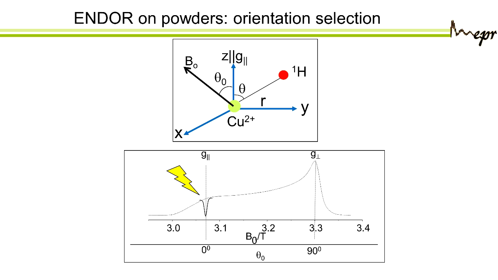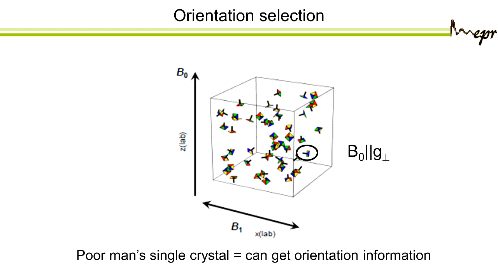So it depends on the relative position of the proton to the axis of symmetry of the copper complex, okay? So if I record the spectrum here or in the middle or on the side, I will get a different spectrum.